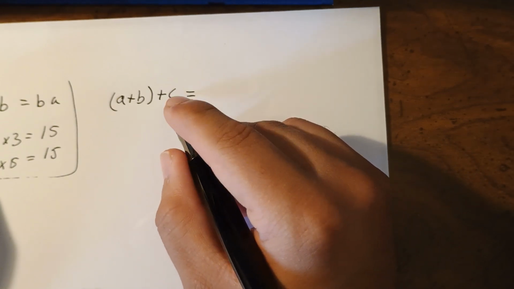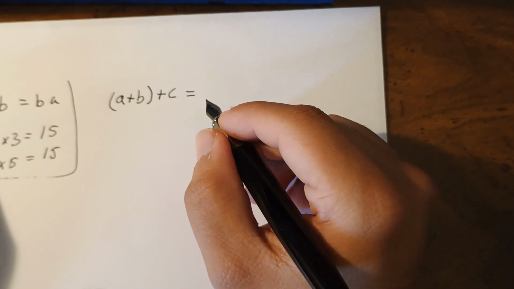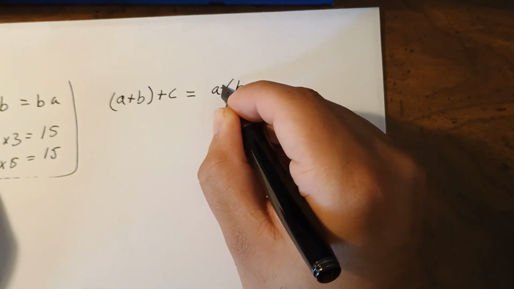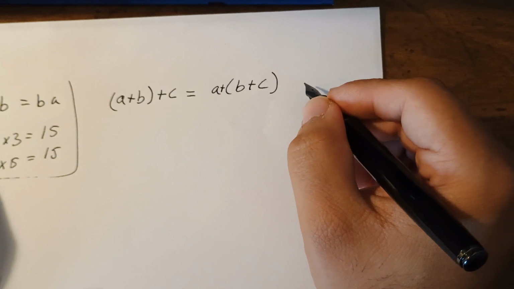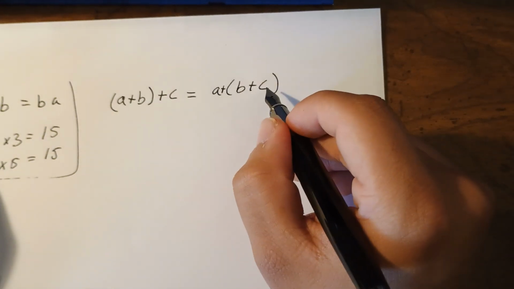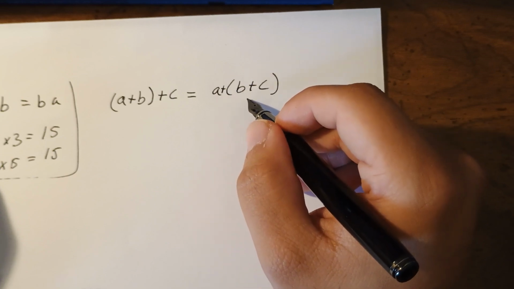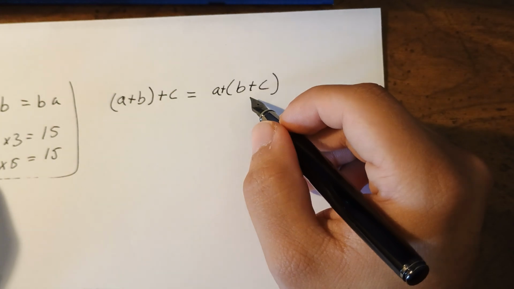So if you had parentheses like this, it's the same as if I had them like this. That's a plus symbol right there. When you're adding, again, it doesn't matter what order you're going in. It's going to be the same answer regardless. This is called the associative property of addition.